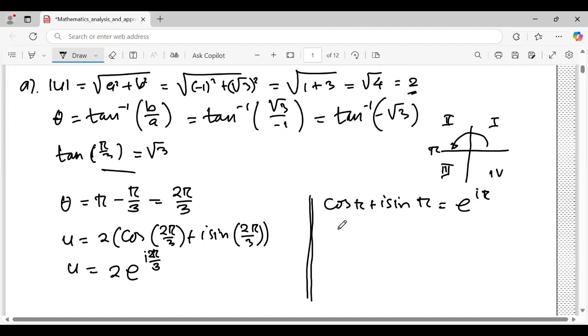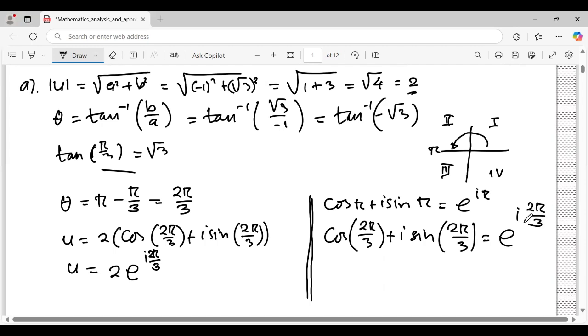So if we have cosine 2 pi third plus i sine 2 pi third, we can write this as e power i 2 pi third. So that's why u equals 2 e power i 2 pi third.